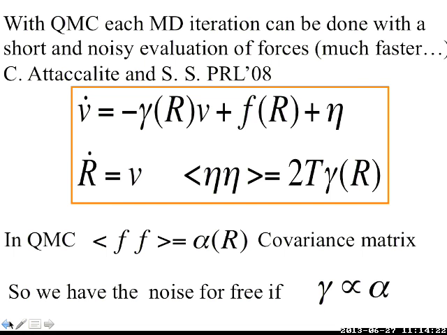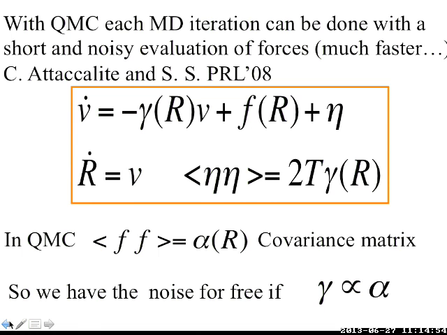I take unit mass for simplicity, and this is the random noise. As a matter of fact, if the correlator of the random noise satisfies the fluctuation dissipation theorem, then you are sure that the ensemble that you are computing with this molecular dynamics is distributed according to the canonical ensemble, e to the minus beta V.